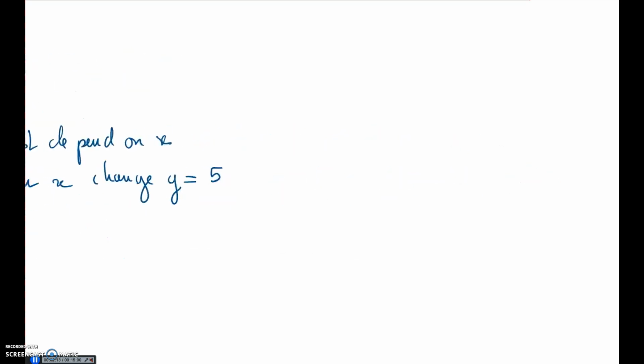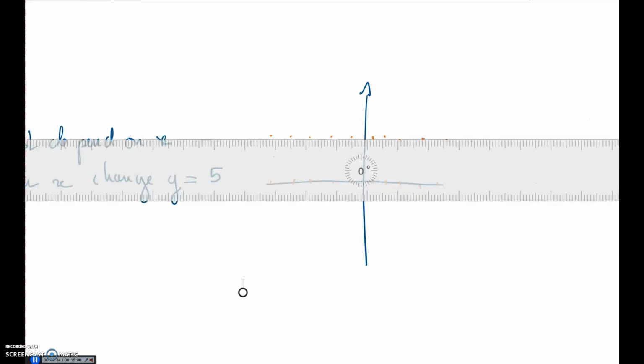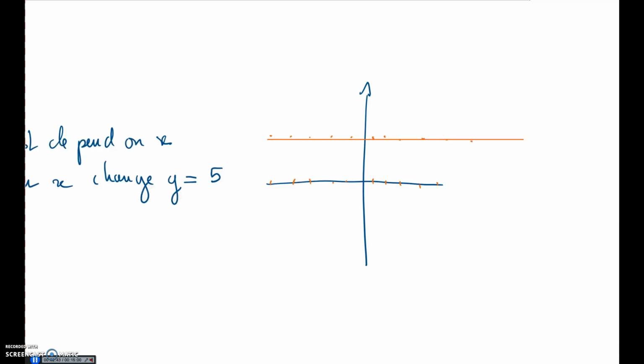So if I have to graph that, no matter which value of x I decide to take, y will always be 5. So, at the end of the day, I totally understand that when y equals 5, my line is a horizontal line. Always the slope of the line equals 0.